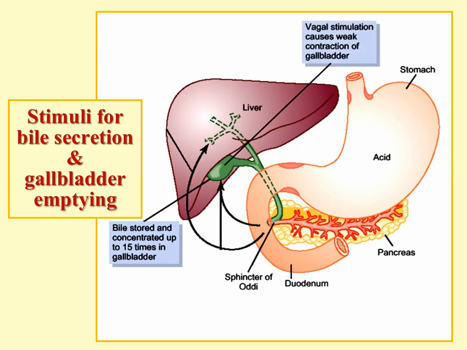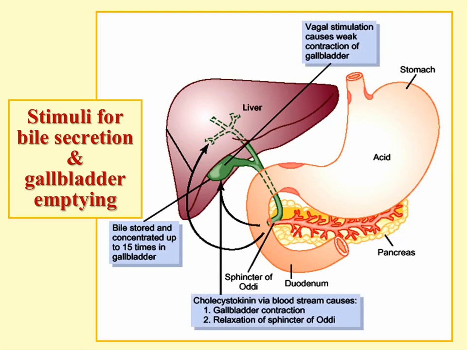Then, vagal stimulation causes weak contraction of the gallbladder. So, before food entry into the duodenum, the bile can be released only in a little amount. Cholecystokinin, the main stimulating factor, which comes through blood, produces contraction of the gallbladder and relaxation of the sphincter of Oddi.